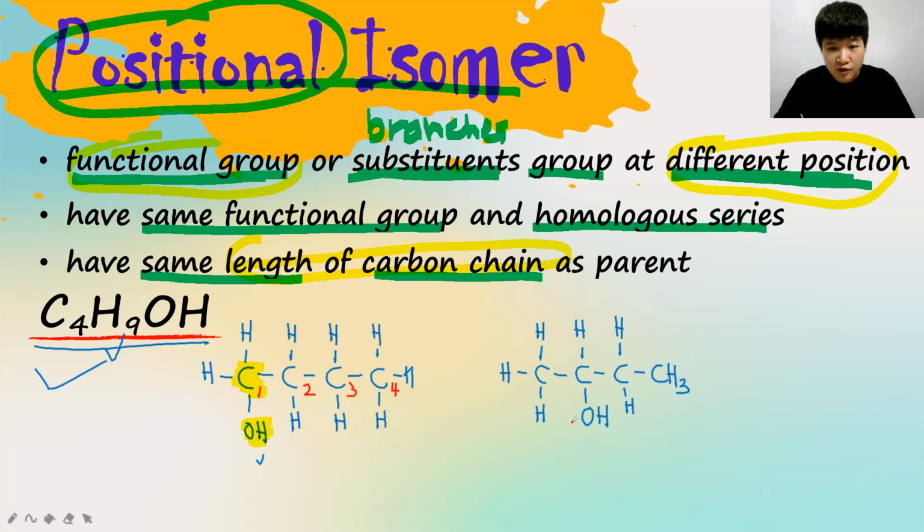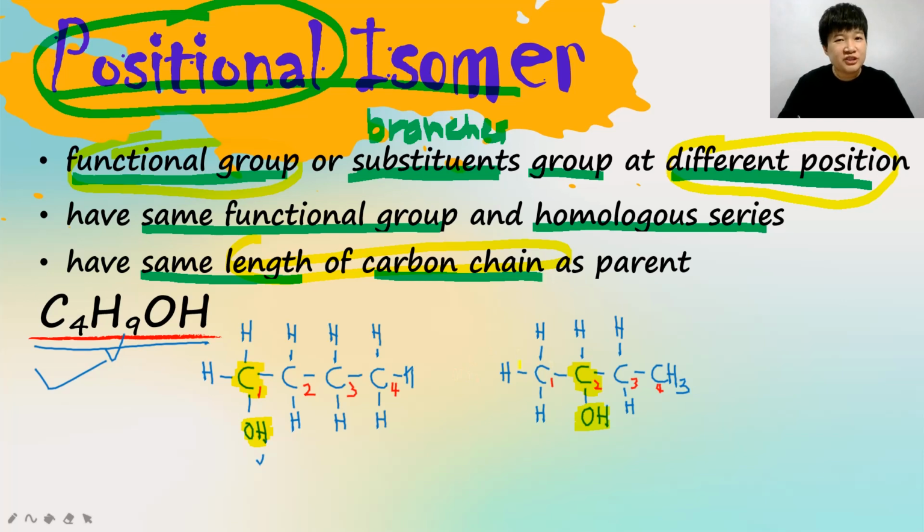That is your second structure. Let's look at the arrangement. So I still have the arrangement of carbon like this. Alright, do not need to number this. I'm just showing it so that you can see clearly which carbon the OH is located on. So your OH right now is located on the second carbon.